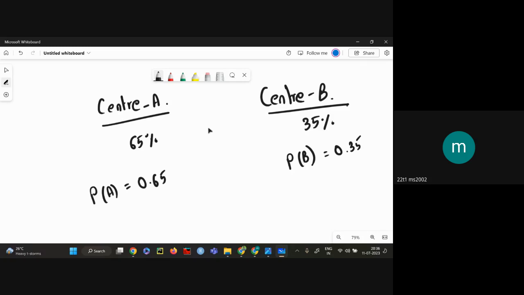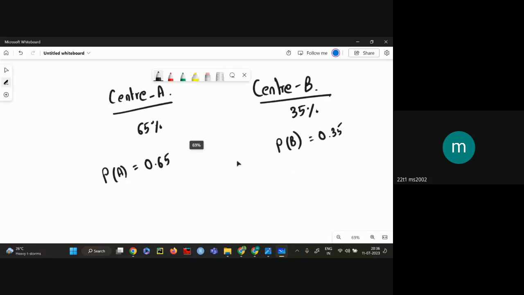So this is the first information that is given to you: the marginal probability of center A and the marginal probability of center B. The next thing they have said is, once you apply from a center, what is the probability of it being granted?